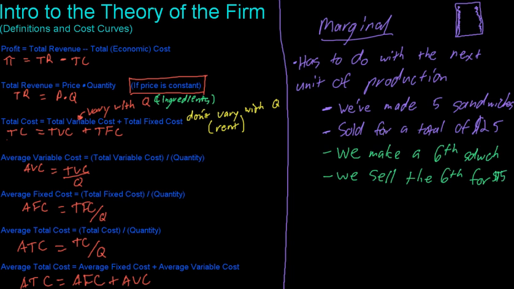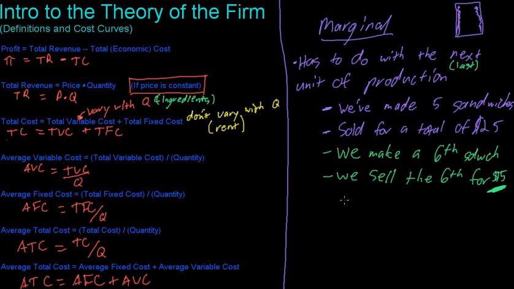So our marginal revenue, the revenue that we made from the last unit of production, or the next unit of production, and I'll put last here because that's sometimes an easier way to understand it, is this $5, because the last unit of production got us an additional $5.